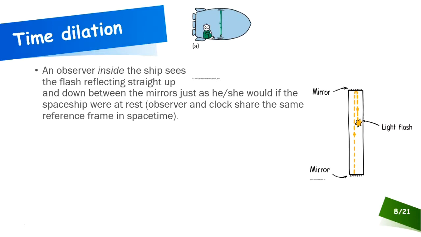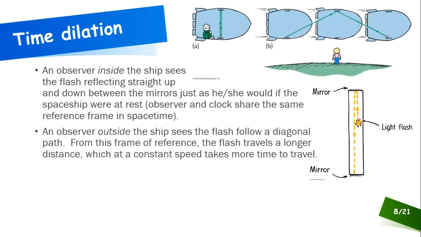Now, let's say we take a different frame of reference. Now we look from the perspective of someone outside the spaceship. From outside the spaceship, the path that the flash takes is not straight up and down. Now the path the flash takes is a series of diagonal lines. So from this frame of reference, the path the flash takes is longer than the path that's taken from the frame of reference of someone inside the rocket ship.